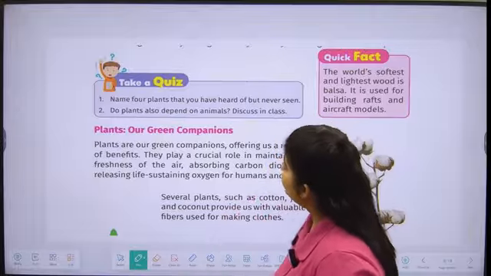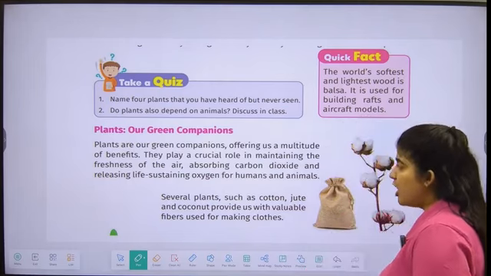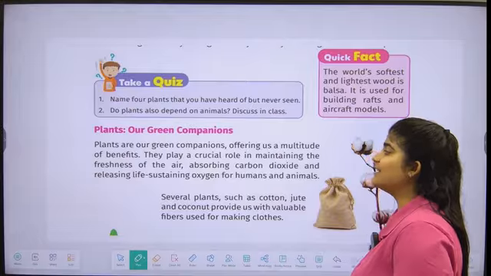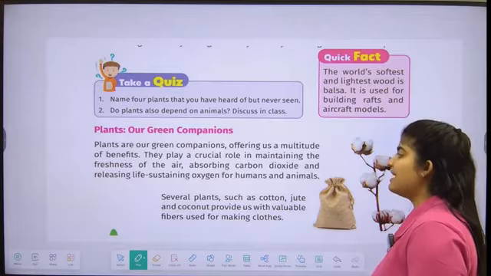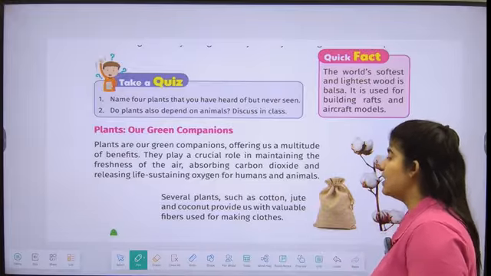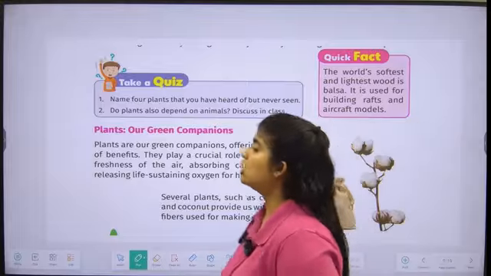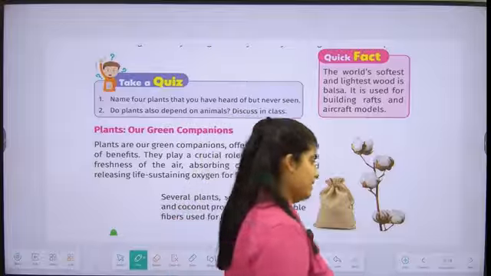They play a crucial role in maintaining the freshness of the air, absorbing carbon dioxide and releasing life-sustaining oxygen for humans and animals. Several plants such as cotton, jute and coconut provide us with valuable fibers used for making clothes. So we have these uses as well.